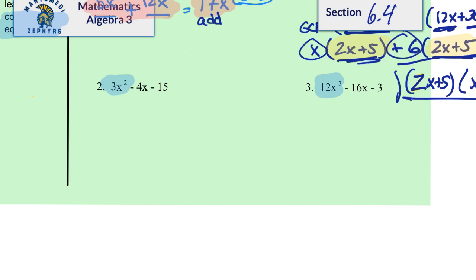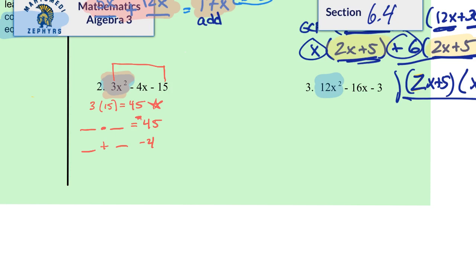All right, number 2. Again, important problem because that first number is not a 1. So I need to start by multiplying the 3 times the 15, get 45. That becomes my new key number. I need 2 numbers that are going to multiply to 45 and add up to -4. Oh, little mistake there.